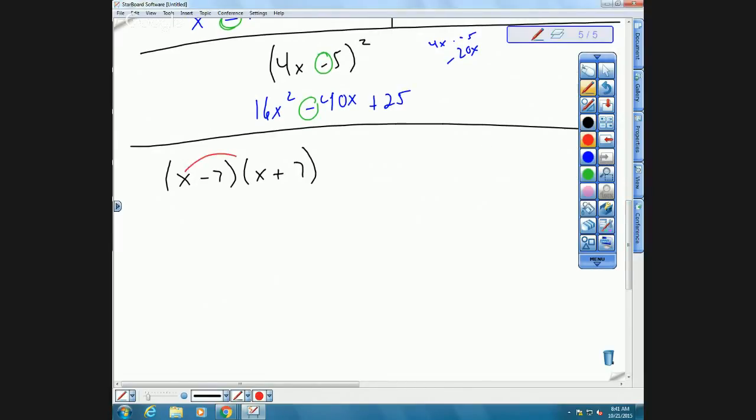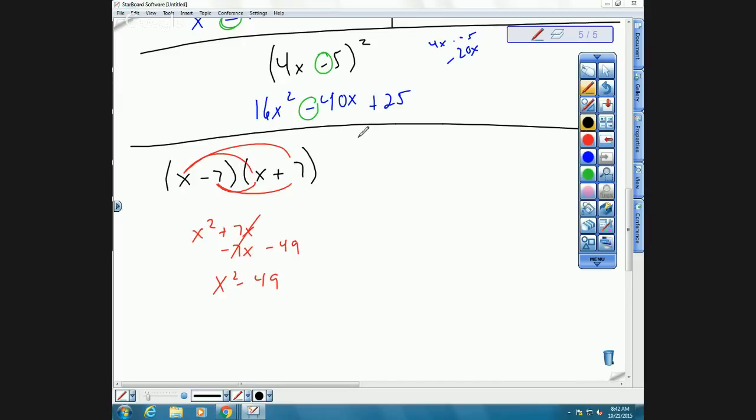When I FOIL this one, I get x squared plus 7x, and -7x minus 49. So what happens to my middle terms? They cancel out. Anytime you have the same exact thing with opposite signs, the middle terms will cancel out, and you can just do the first terms times each other and the last terms times each other. You don't have to do the inside and outside.